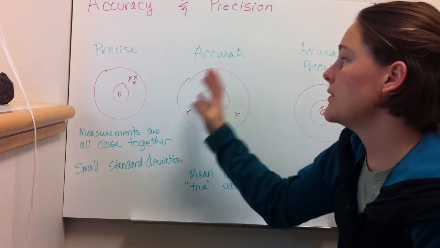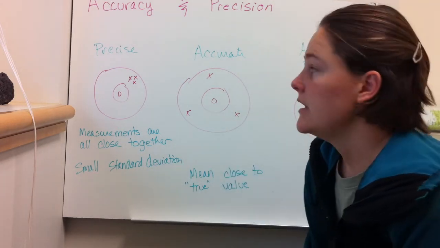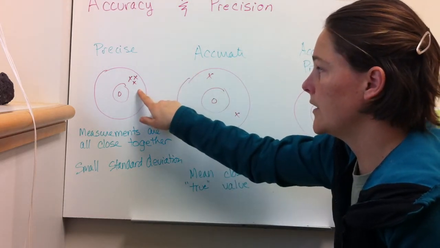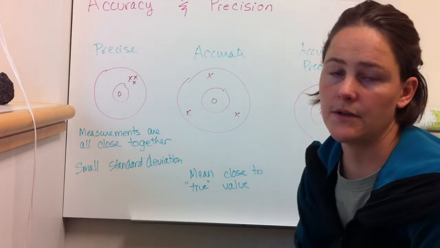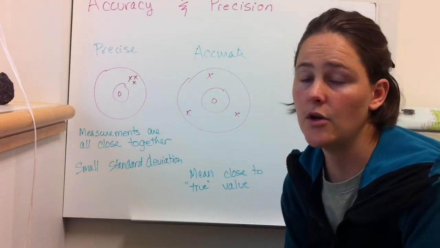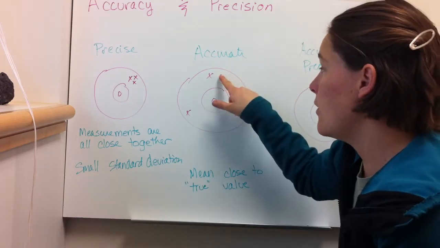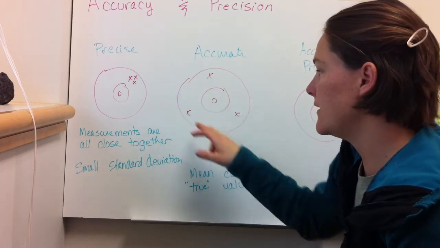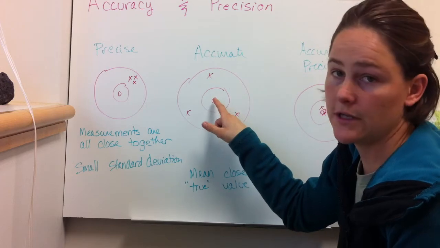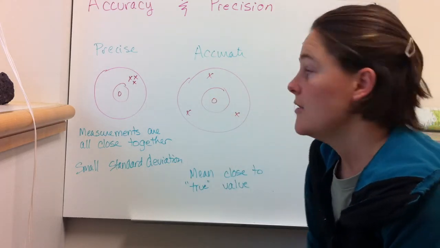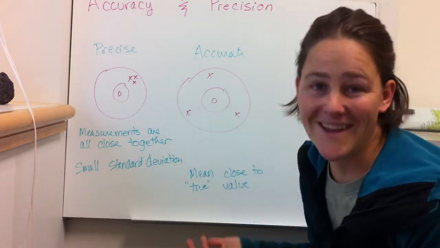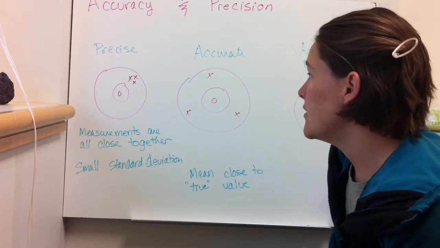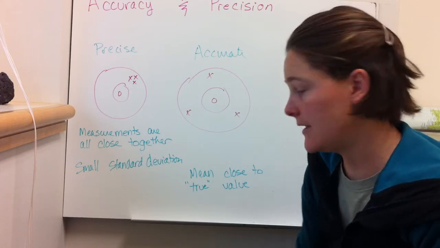The heart of this matter is that you can have precision, where your numbers are all very close together, which would give you a small standard deviation. And they could be accurate, where the mean is very close to the true value. So if you average these measurements, the result is very close to the center of the target, but clearly none of the individual measurements are anywhere near the center. Accuracy and precision are two different things.